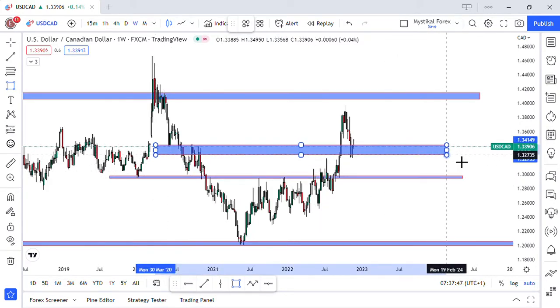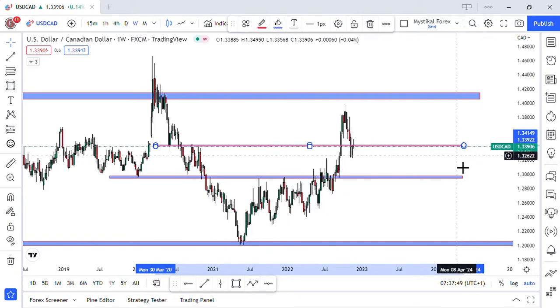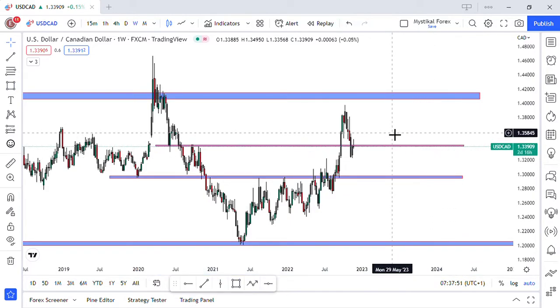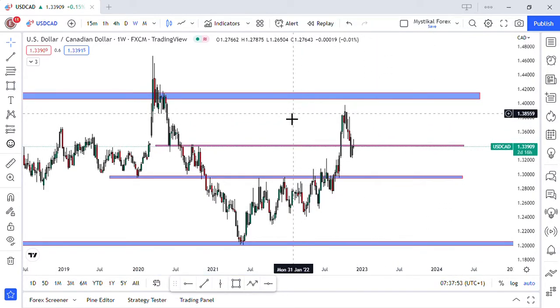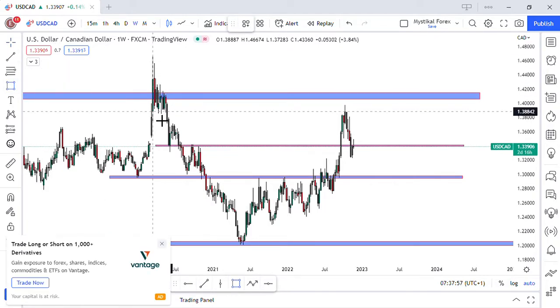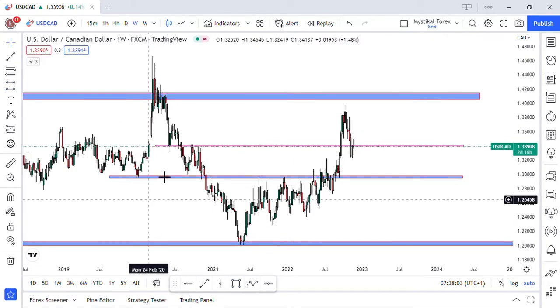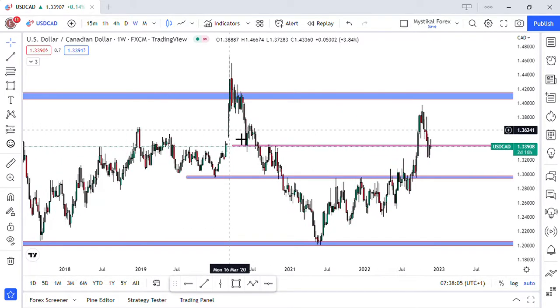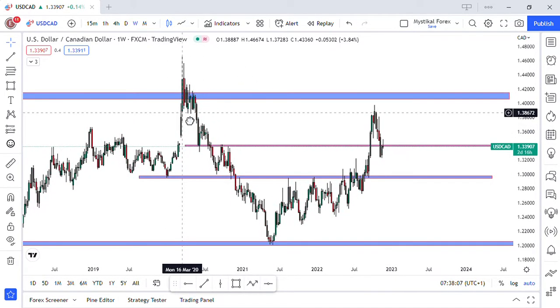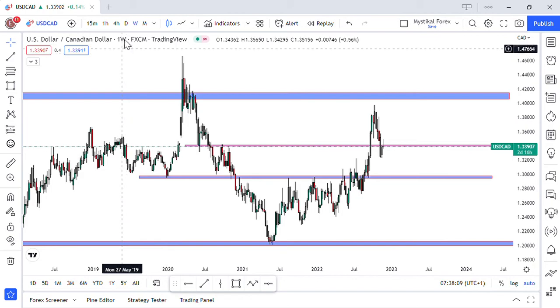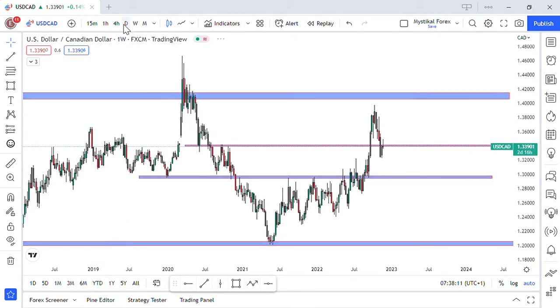Here's another level. We can see it play out already. That's wonderful. Here's another one. Let's probably save this one for our daily time frame. Even if you want to, you can mark it right now, but I prefer the daily time frame.